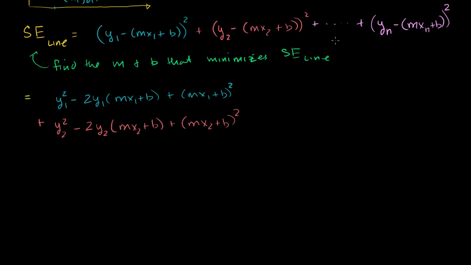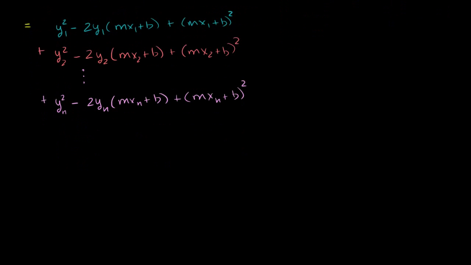And then we're just going to keep doing that n times, for the third, x3, y3, all the way until we get to this nth term, which when we square it is yn squared minus 2yn times (mxn plus b) plus (mxn plus b) squared. Now, the next thing I want to do is actually expand these out a little bit more.